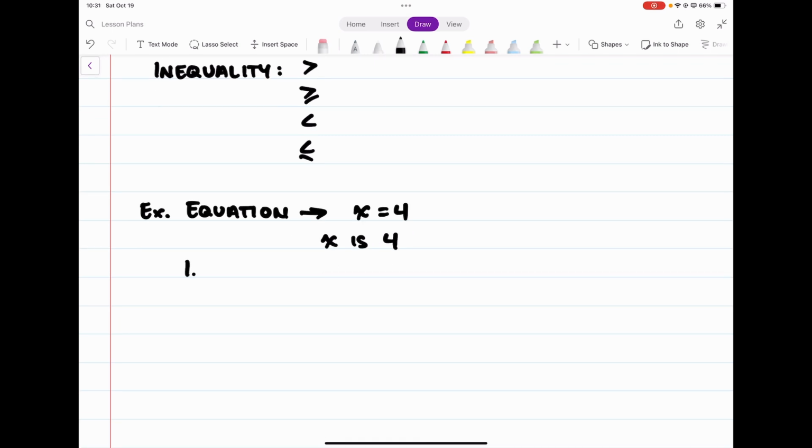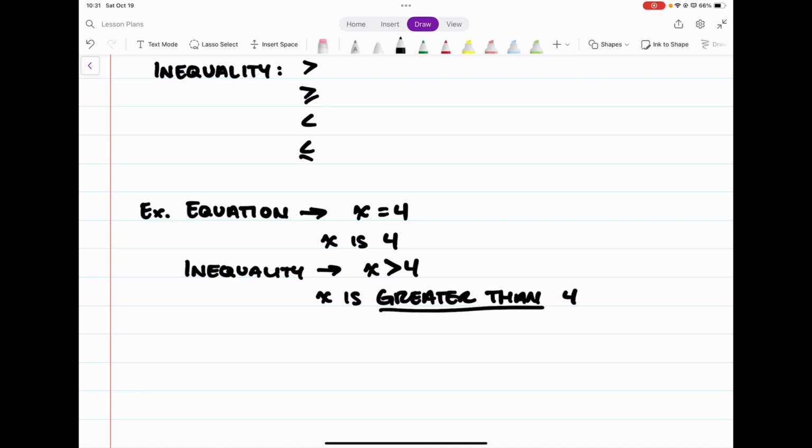Now, the inequality version of this is when you say x is, let's say, greater than 4. So in other words, x can be any number that is greater than 4.